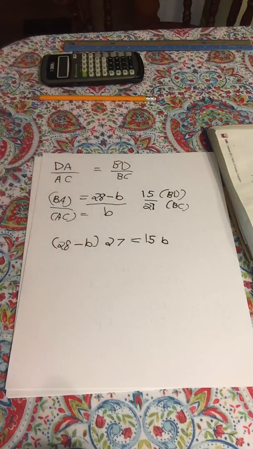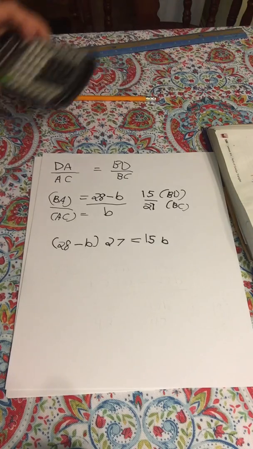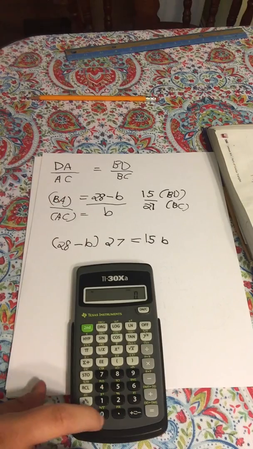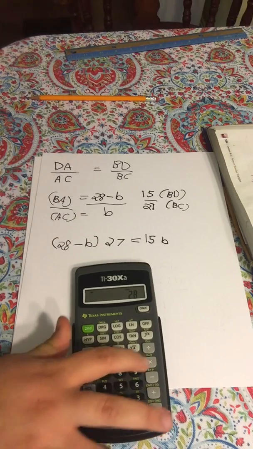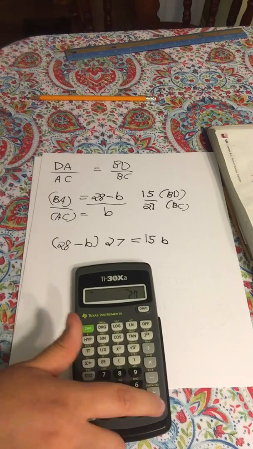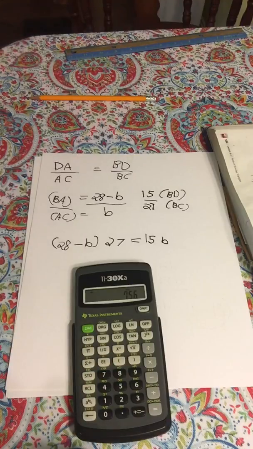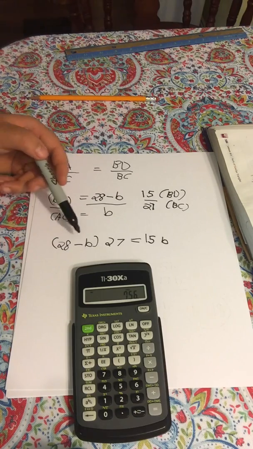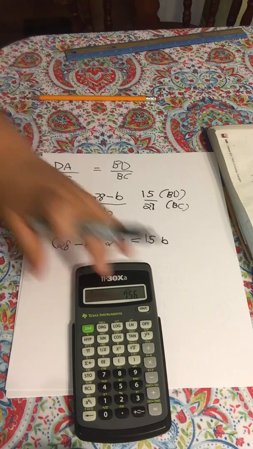So now let's multiply 28 times 27. 28 times 27 is 756. And also if you multiply 27 times negative b, that is minus 27b.